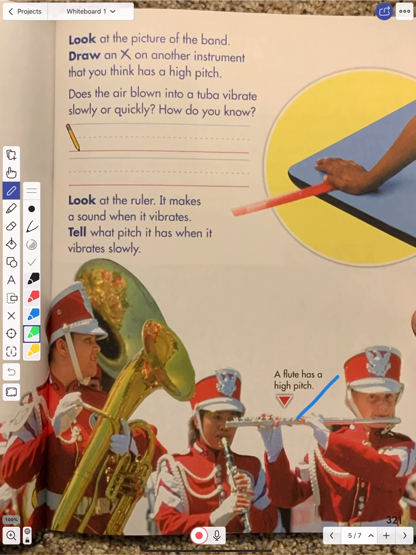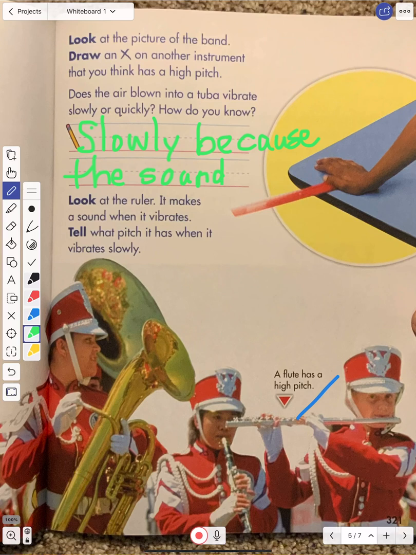Does the air blown into a tuba vibrate slowly or quickly? How do you know? Write down what you think. I'm saying that it vibrates slowly because the sound is low, or the pitch.